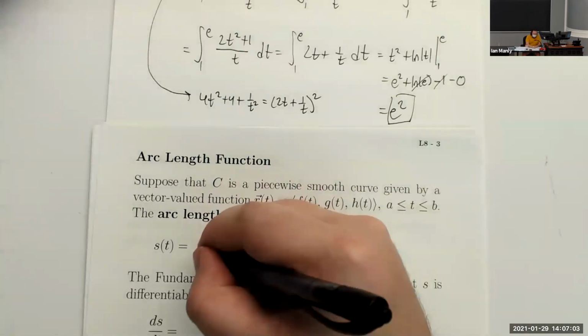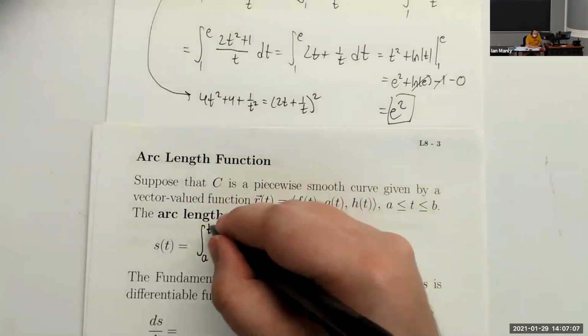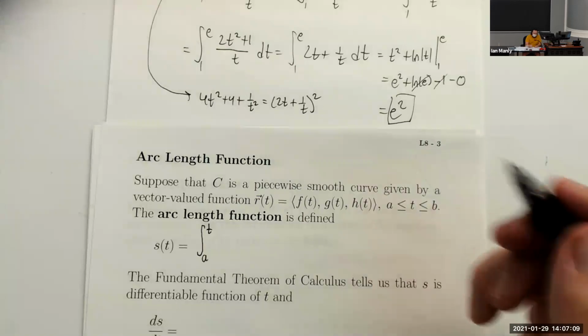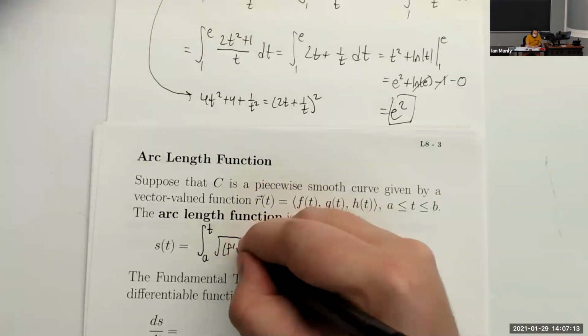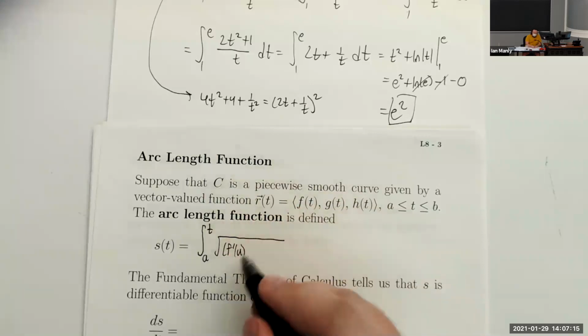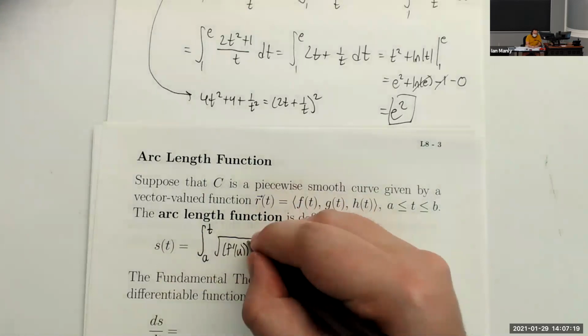So that means that this is going to be the integral from a to t. So we stop at whatever time we put in. And then we have the square root of f prime. Now, we usually use s as a backup t, but we already have an s right here. So I'm just going to write u.